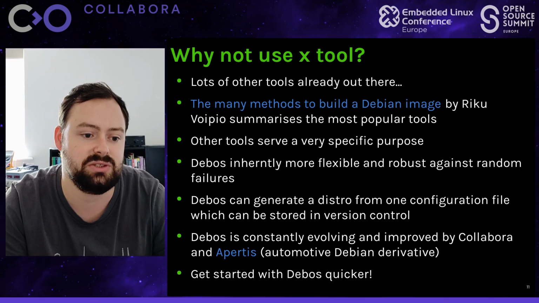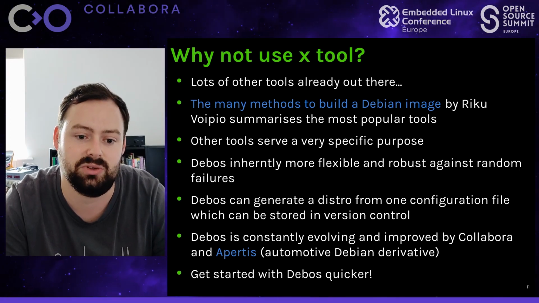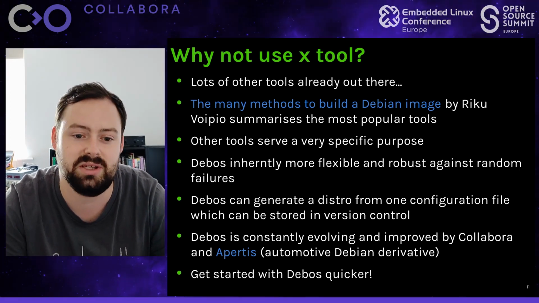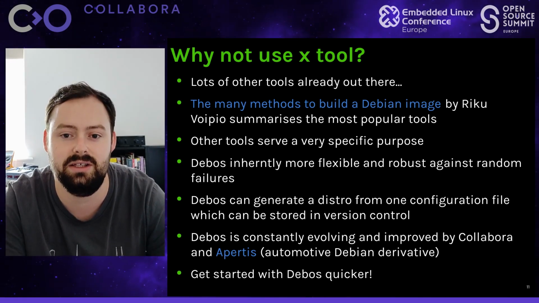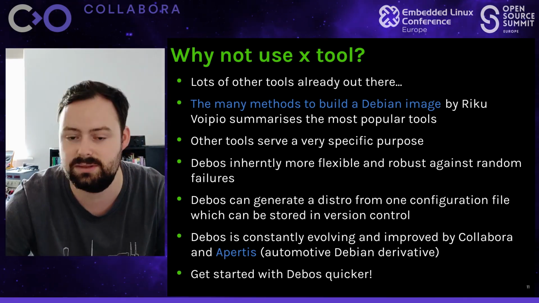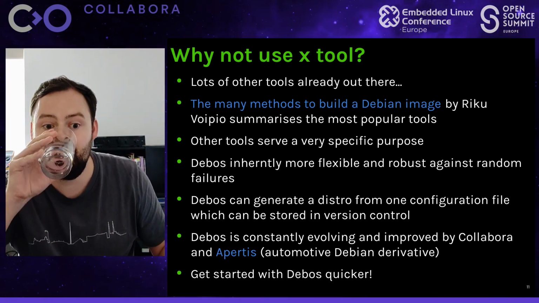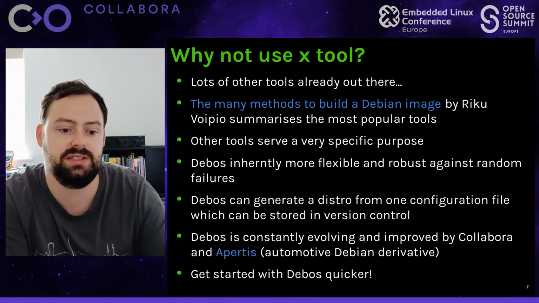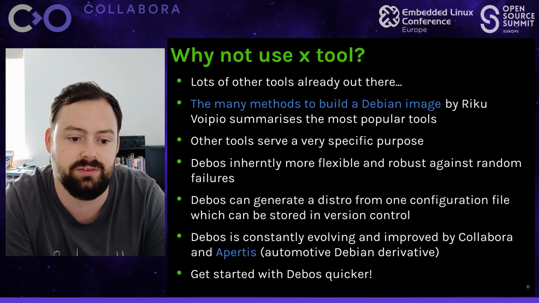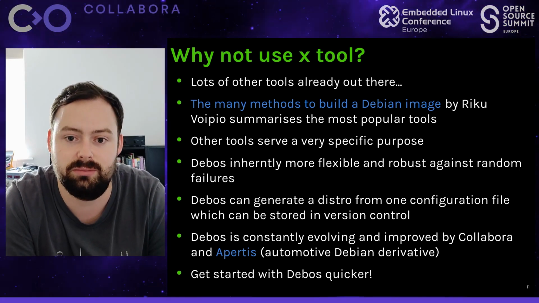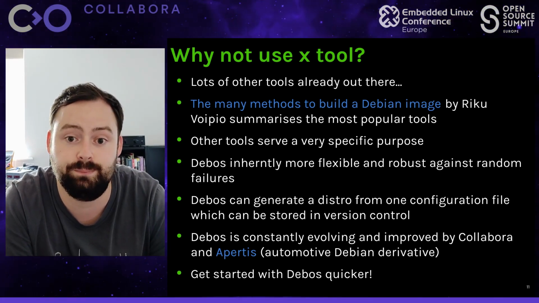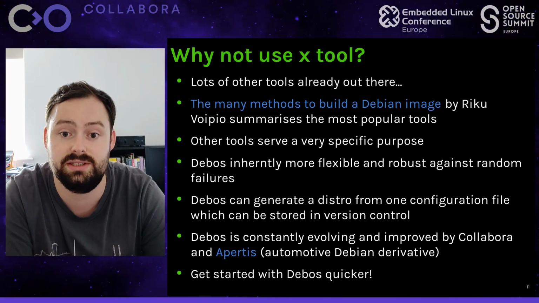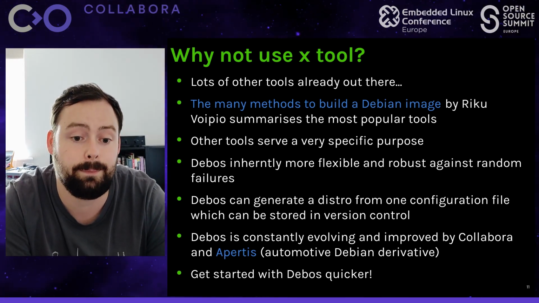So Debos was designed to be inherently more flexible than these tools, and also robust against the random failures like issues with kpartx and loop devices. Debos generates a complete distro from one configuration file, and that configuration file can be stored in version control, which again is quite a nice thing.